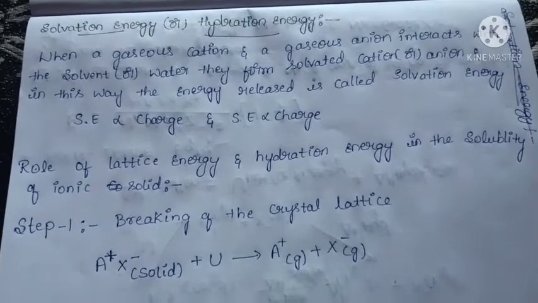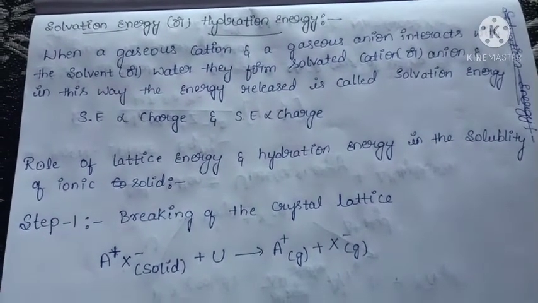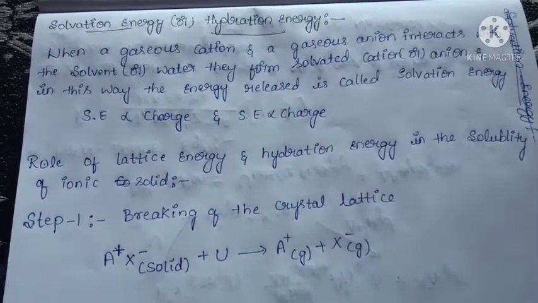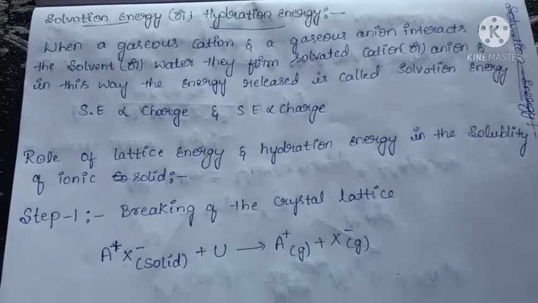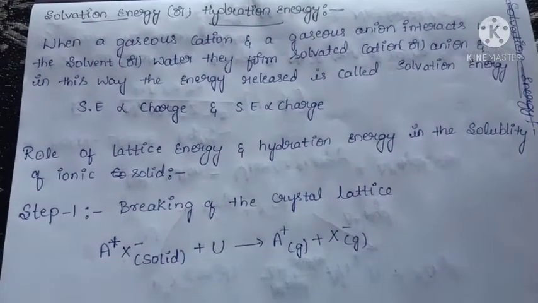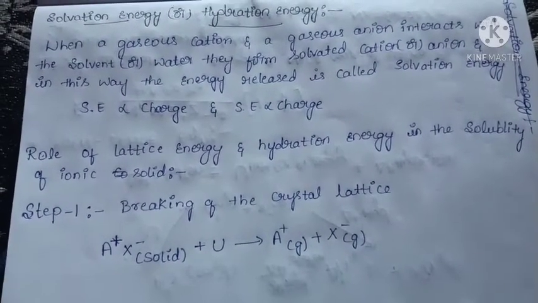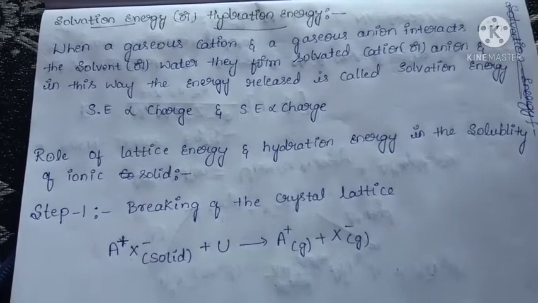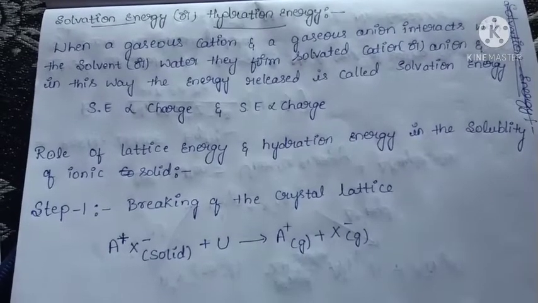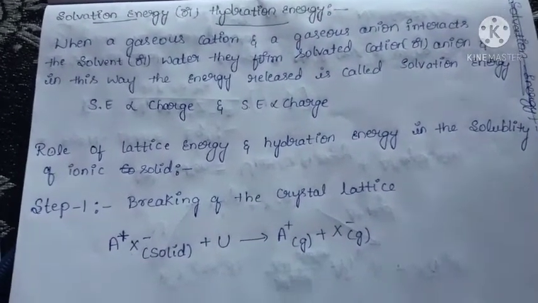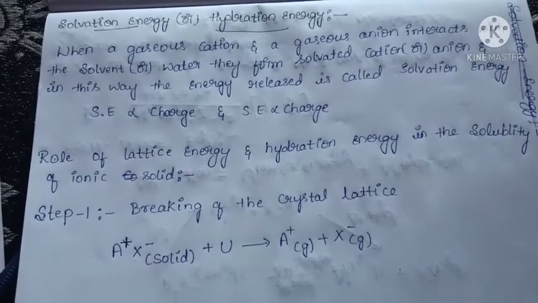Got it? Here the cation and anion should be in gaseous state. They interact with the solvent, any solvent, or it may be water. We call water a universal solvent because it dissolves all solute particles.